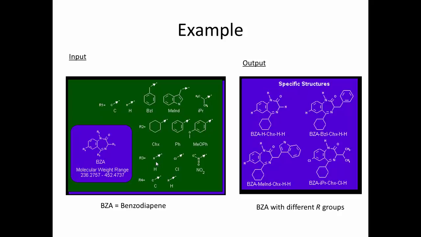But then we can look at the R3 spot, and again, all of these seem to have just a hydrogen there at the R3 spot. And finally, in the R4 spot, we can either put a chloride or a hydrogen. So we can have different mixtures of reactants and make different combinations of products here.